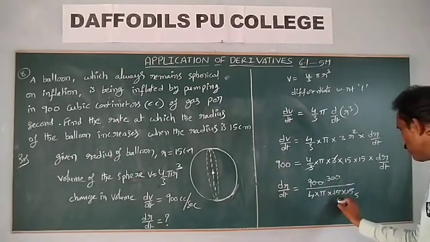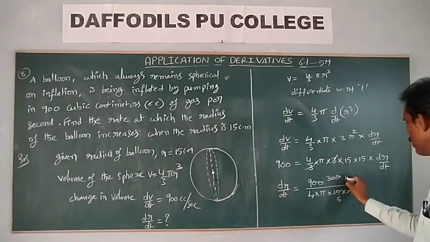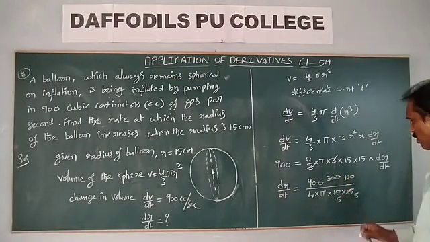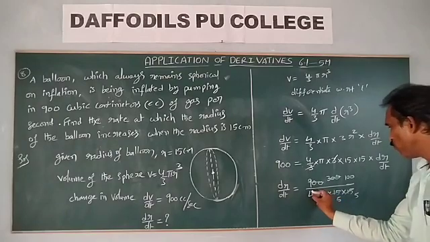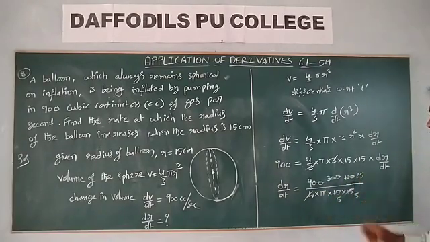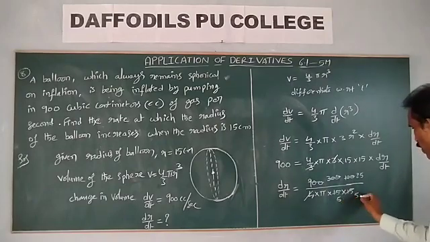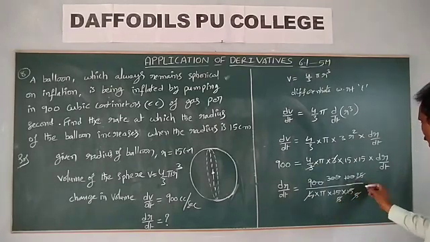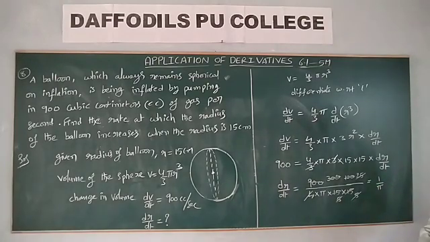Again 3 table, 3 fives, 300s. Now 4 into 25, 5 into 5 is 25, 25 cancels. The remaining value is 1 by pi.